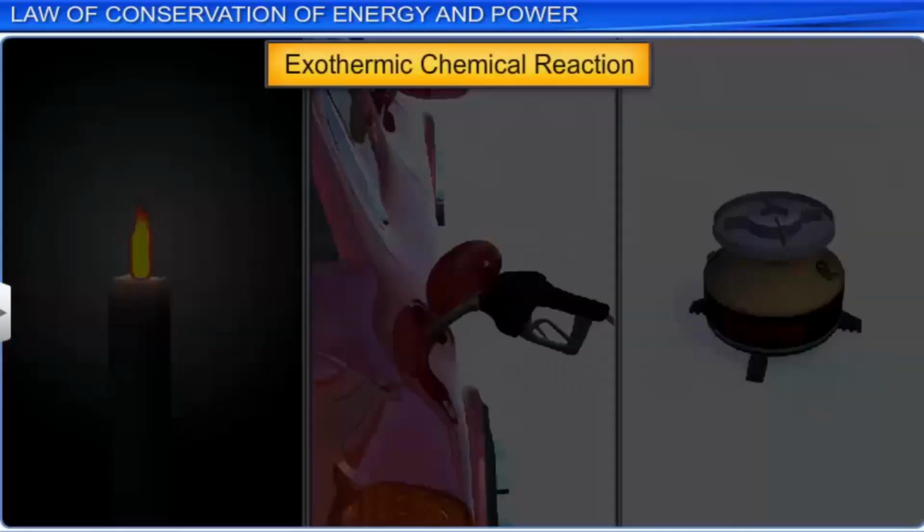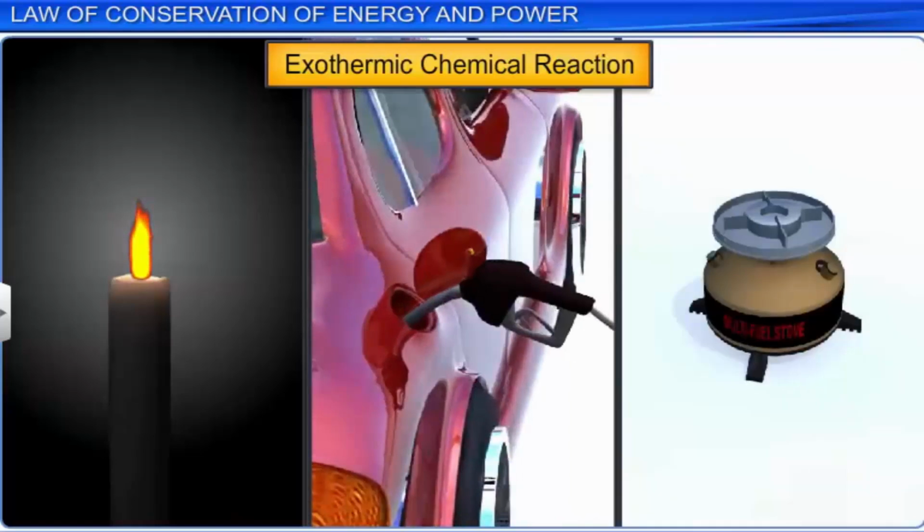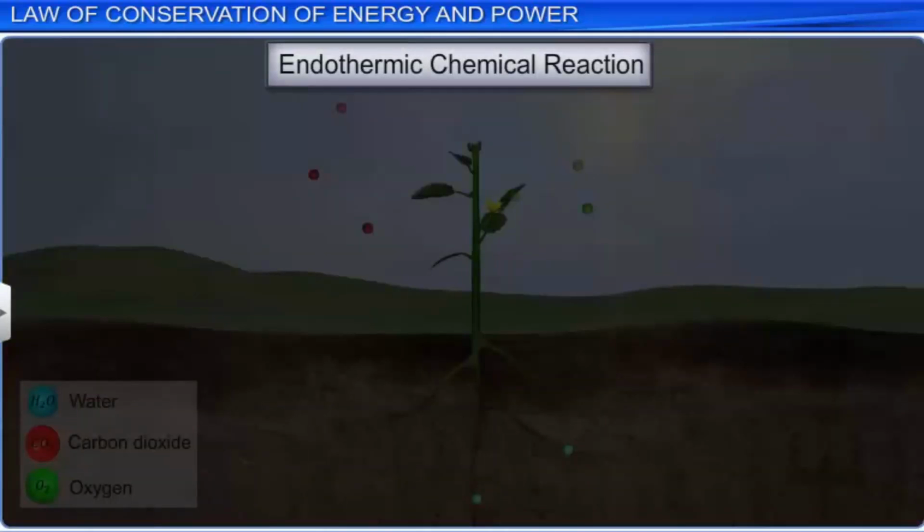Hence, exothermic reactions like combustion of fuels are indispensable in catering to our daily energy needs. There are some other chemical reactions that absorb heat during their reaction and are called endothermic reactions.